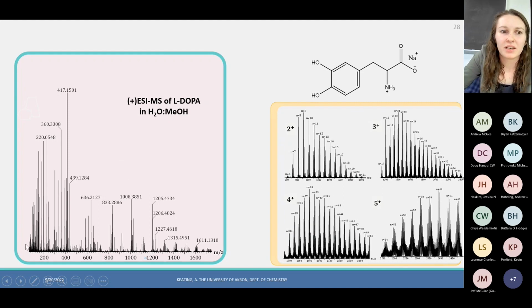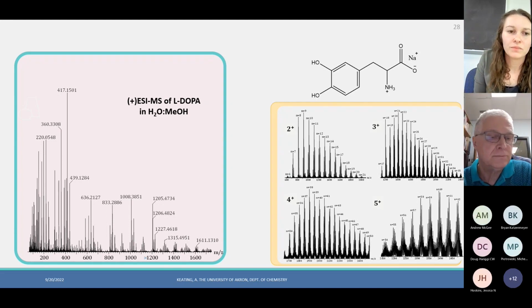This is approximately a 30-minute analysis, and I've done about an hour, but I haven't gone much further out of fear of clogging the capillary with crusted material. But it is definitely important to look at how that is changing. Okay, thank you.